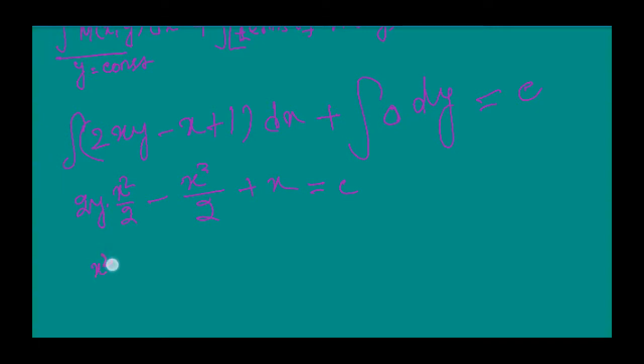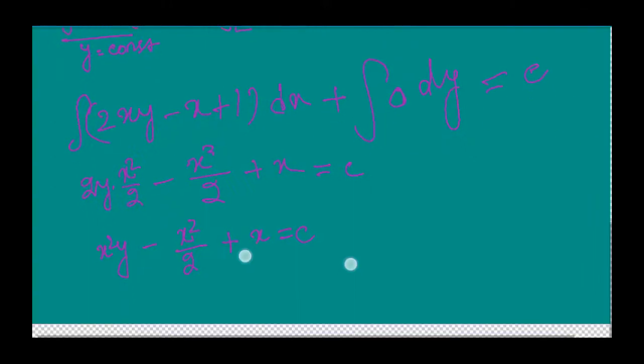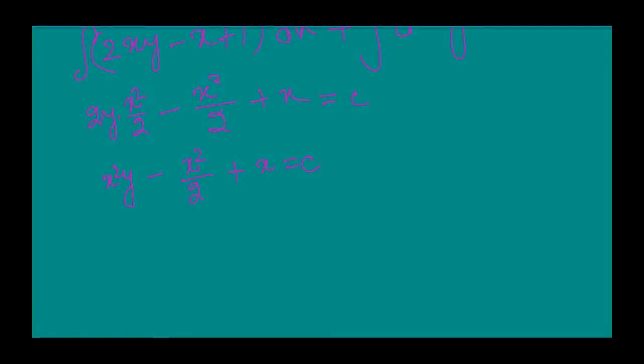So here x square y minus x square by 2 plus x is equal to c, and in the question it is given that x is equal to 1 and y is equal to 0.